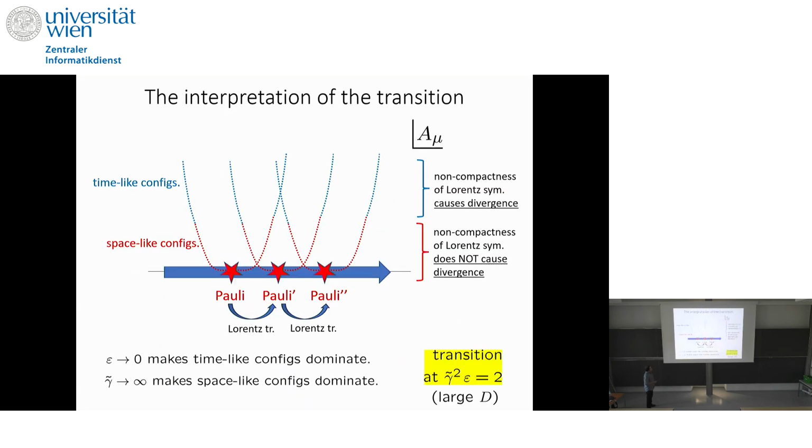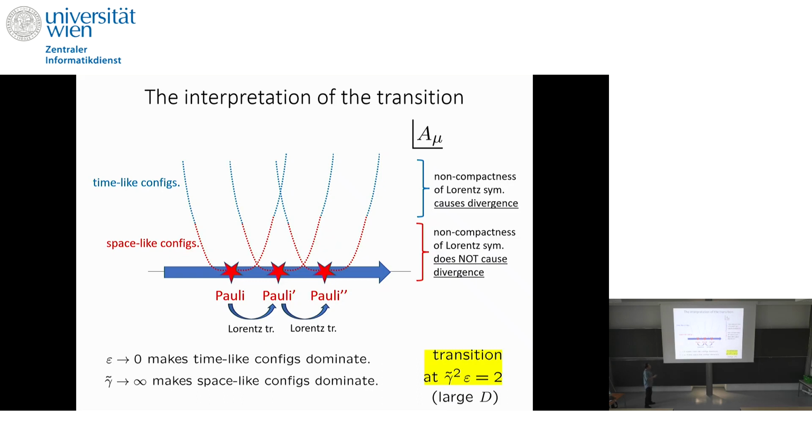And let me skip this. So the interpretation of the transition is the following. We have this Pauli matrix solution at the saddle point, and we have these orbits, but we can make a Lorentz transformation, and then there are infinitely many orbits equivalent to this original one.